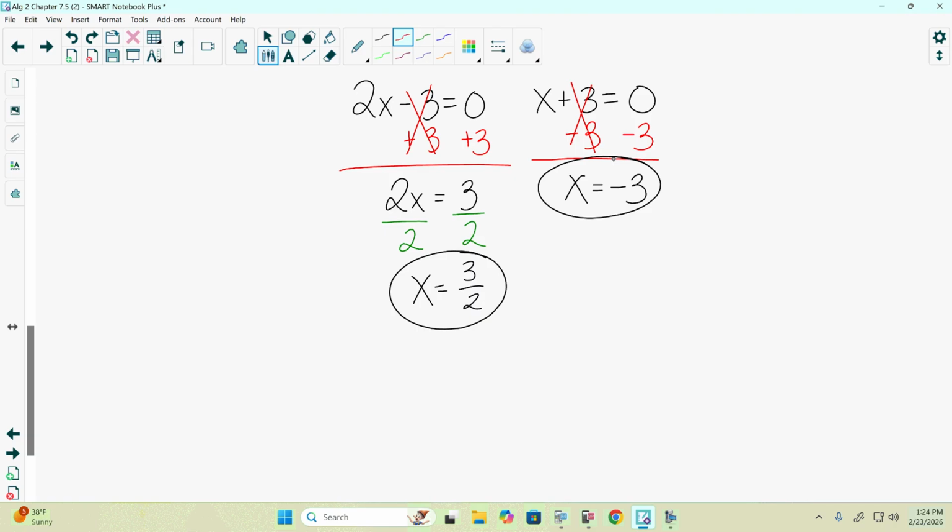So that tells us that our solution of x equals negative 3 is an extraneous solution. It does not work, so we cross it out, we exclude it. So our other value of x, 3 halves, is our solution. It is the value of x that will make this true.